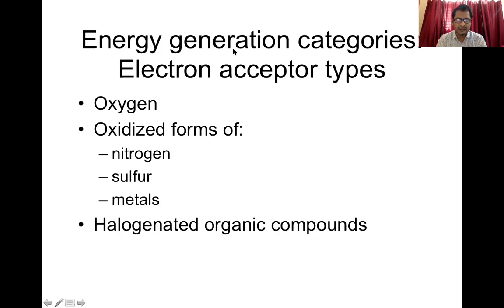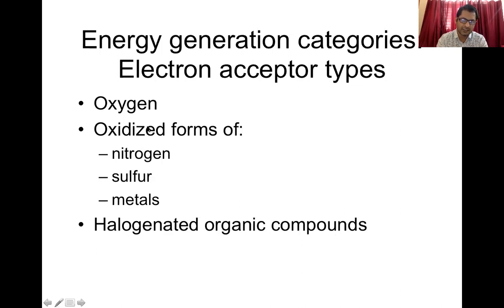Now energy generation categories on the basis of electron acceptor types. There are three different types of electron acceptors which could be there. First is oxygen, which is an electron acceptor in all the aerobic species in the world. And then there are oxidized forms of nitrogen, sulfur, and metals, as well as halogenated organic compounds.